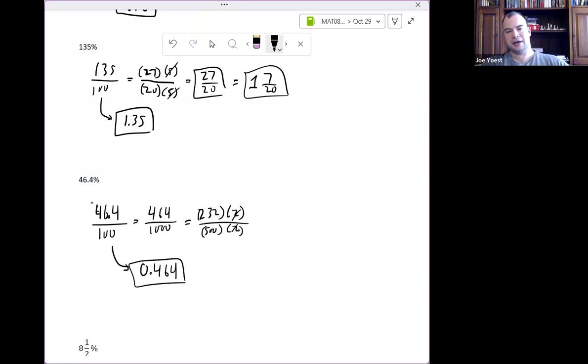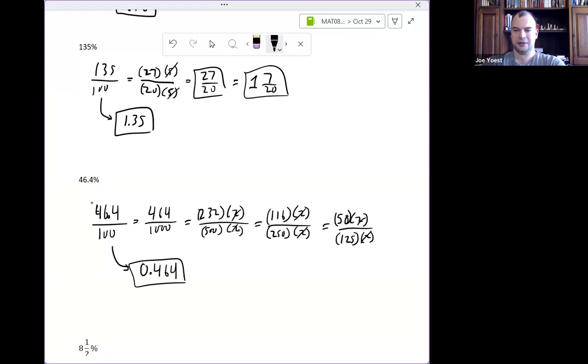I note that I still have an even number in numerator and denominator. So this is going to be 116 times 2 divided by 250 times 2. I can divide out another factor of 2. 116 over 250 is still two even numbers. So this is going to be 58 times 2 over 125 times 2.